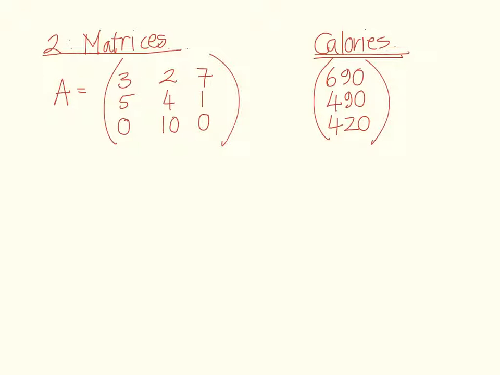Okay, because what we do when we multiply matrices is we take this one here and we multiply it by this one here, we take this one here and multiply it by that one there, and we take this one here and multiply it by that one there.